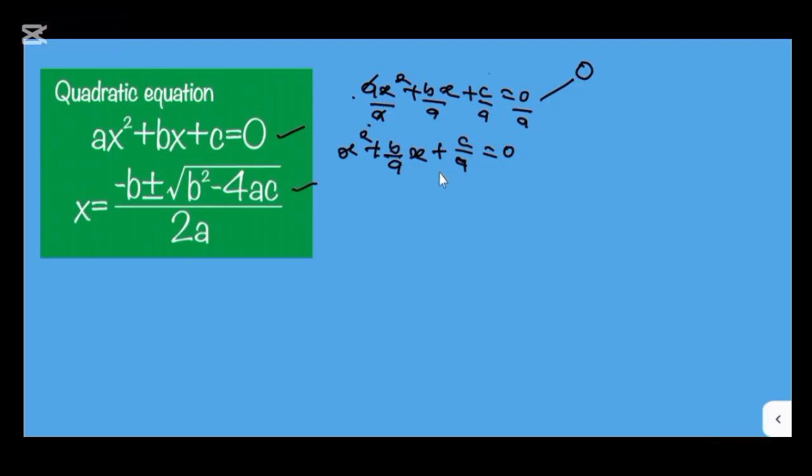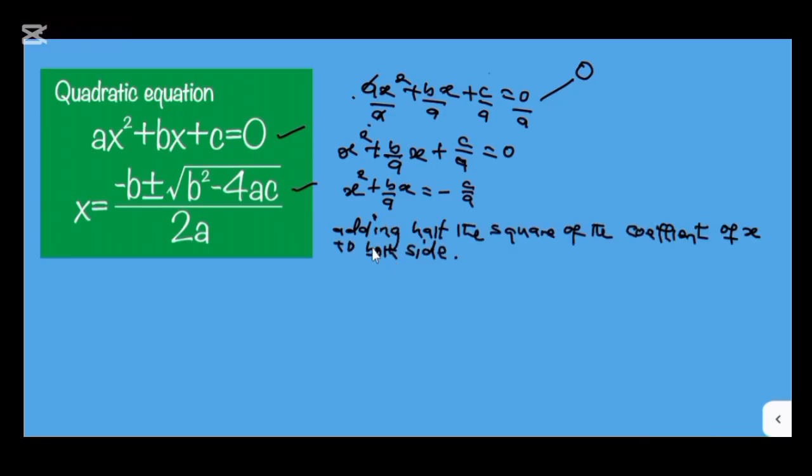Let's move this one to the right hand side. If we do that, we're going to be having x squared plus b over a x equal to minus c over a. How should we proceed? We are going to be adding half the coefficient of x, squared, to both sides. So if we do that, what are we getting?